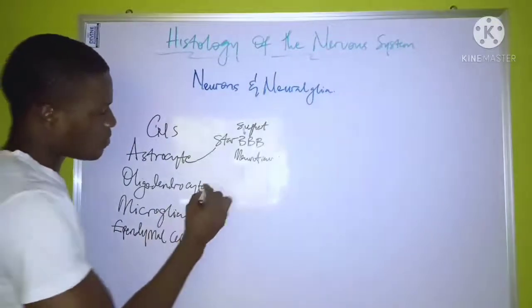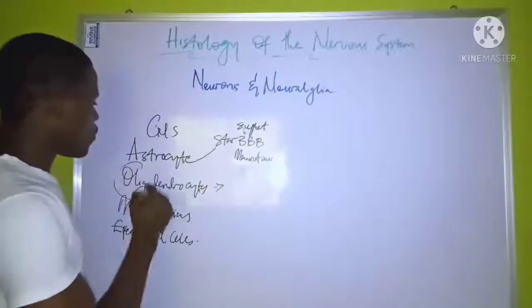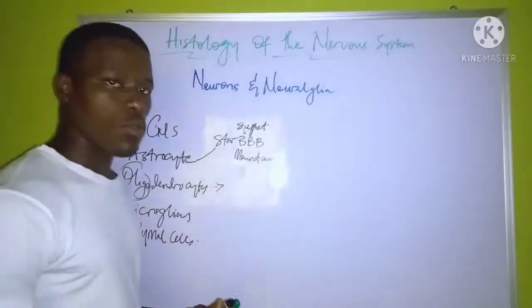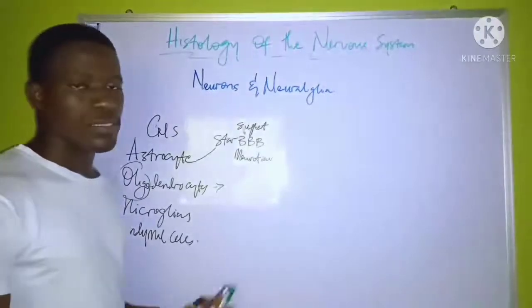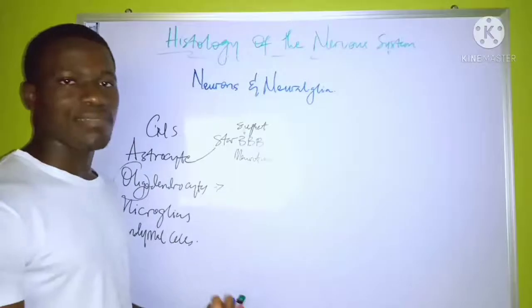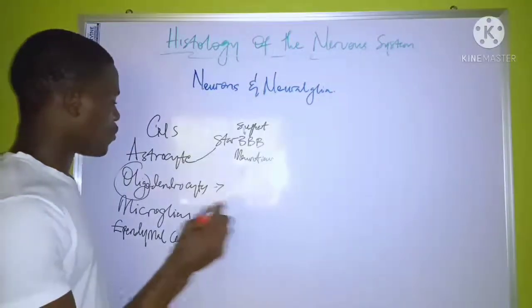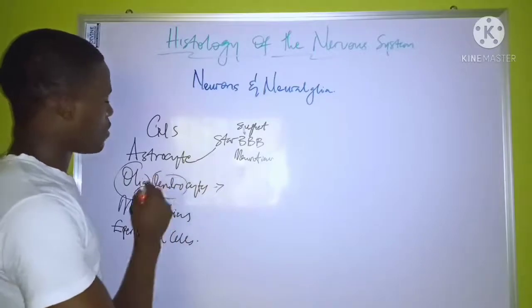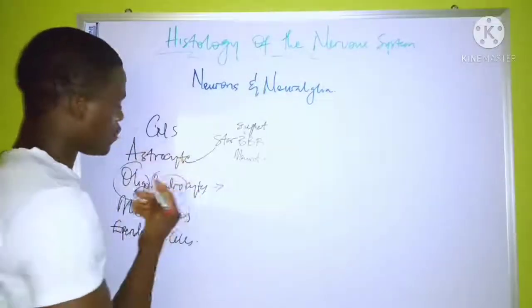Now, the next which we'll talk about is the oligodendrocyte. Remember, oligo means what? Small, and dendrocyte, remember from the previous video where we talked about the dendrite. Dendrite means small trees. So oligodendrocyte simply refers to what? Small tree. Oligo is small and dendro is tree.